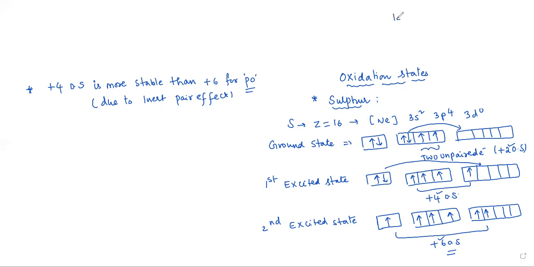If you consider oxygen 1s2, 2s2, 2p4, then 3s. This excitation requires very high energy. This excitation is not possible. That's why oxygen cannot exhibit higher oxidation states. It behaves as a divalent element only. It is about oxidation states of group 16 elements.